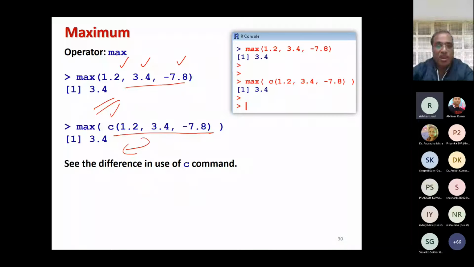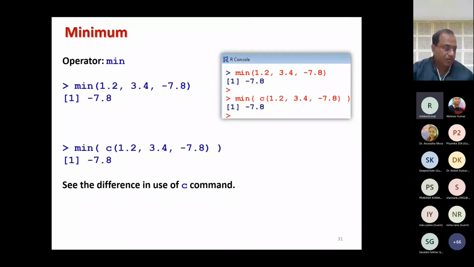It appears as if whether you use the c command to give the data vector or simply give it without the c command, it is working. So sometimes people misunderstand that in built-in functions, all these things are possible. But I will take one more example, and then you will understand what I'm trying to tell you.